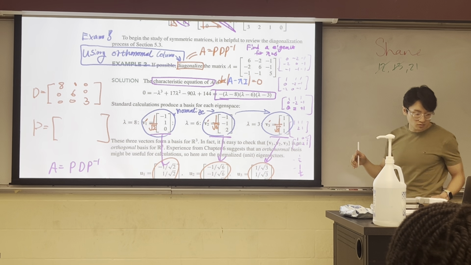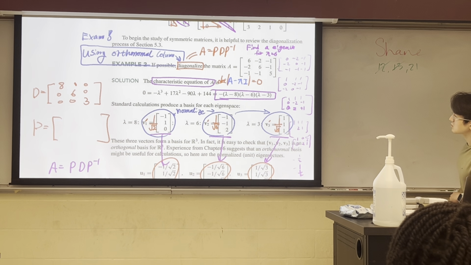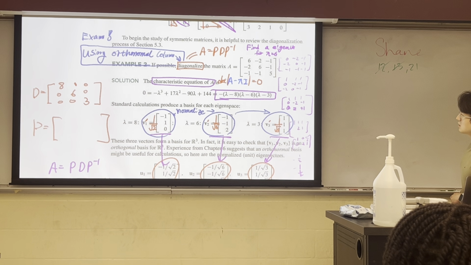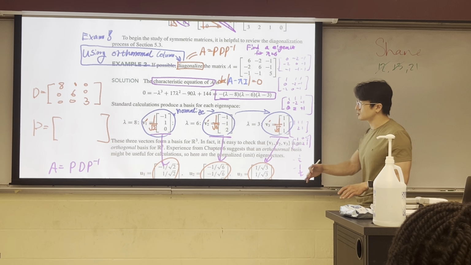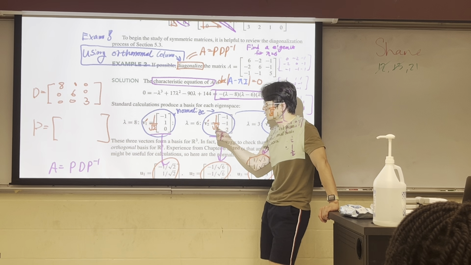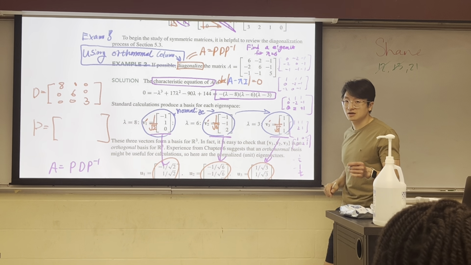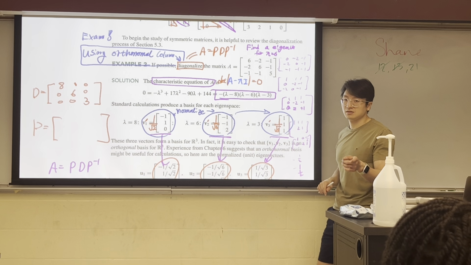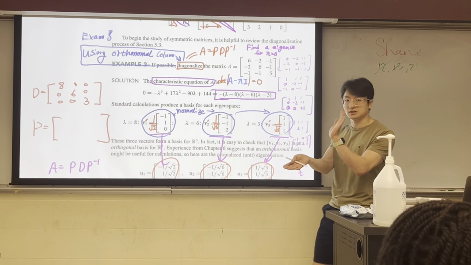Are they orthogonal? Yeah. Do we have to check whether they are orthogonal at the beginning? Yes, they are, so we didn't have to check. If one of them is not orthogonal, as in the next example, then in that case we have to use Gram-Schmidt to make an orthogonal basis.